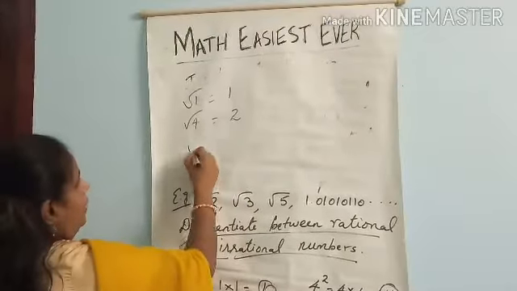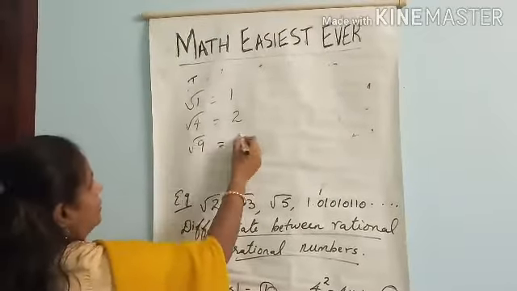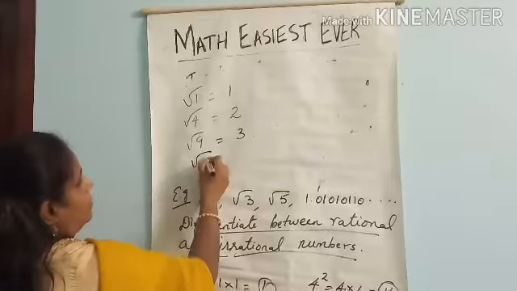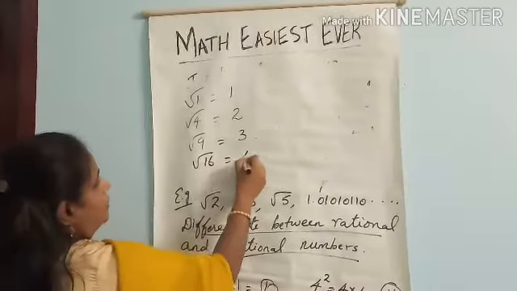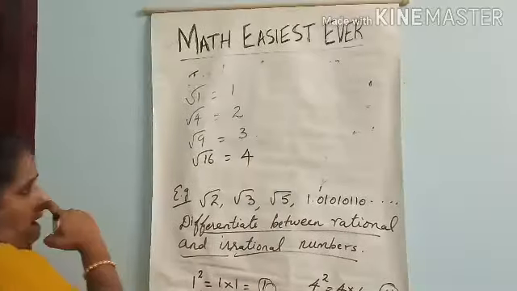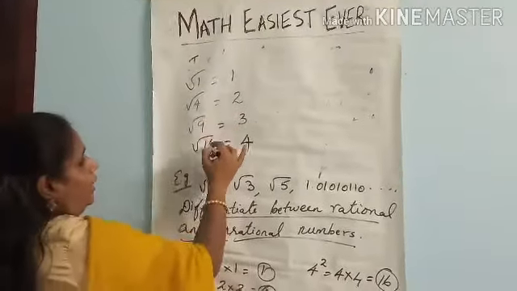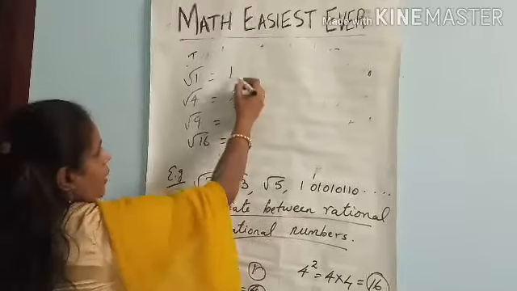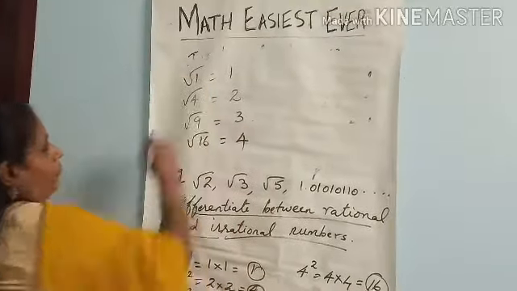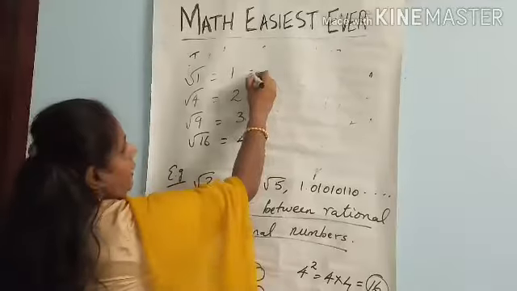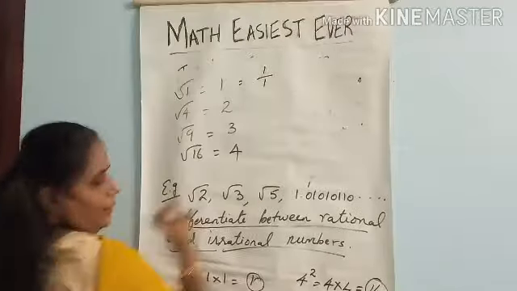Root 9 is 3. Root 16 is 4. Now 1, we can write it in the form of P by Q, isn't it?